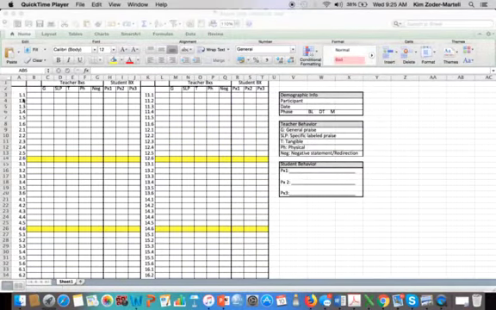So 1-1 to 1-6 represents the first minute, 2-1 to 2-6 represents the second minute, and so on and so forth. These yellow lines are kind of specific to this study. These were used as a prompt for the researcher to tell the teacher to use behavior-specific praise at that moment.